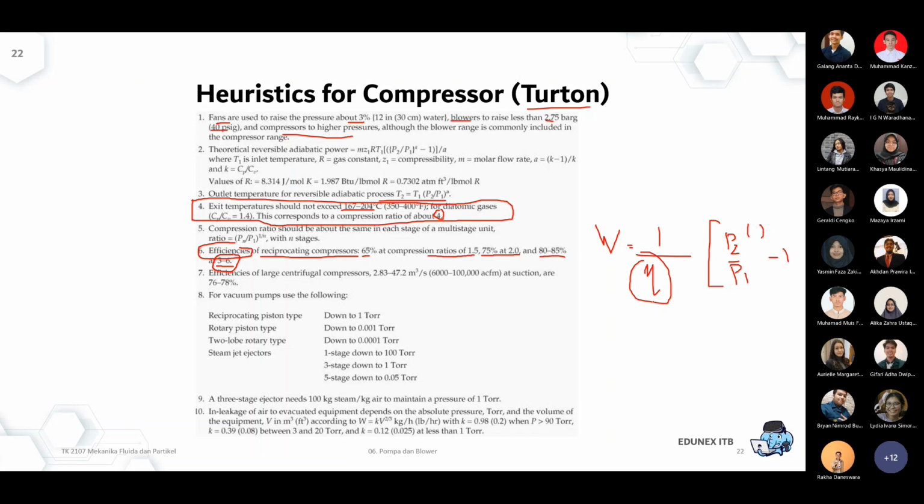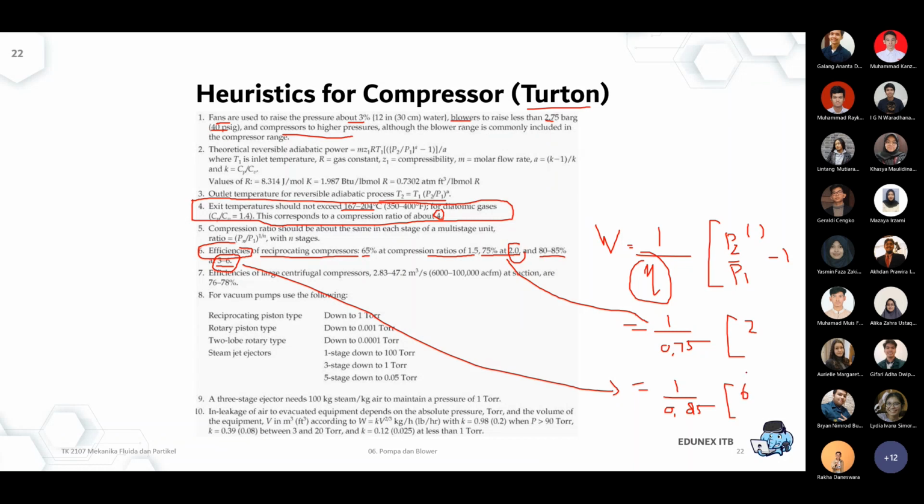So you can compare these two different points. If you have 1 per 0.75 at a pressure ratio of 2, and then you compare it with, let's say I use the highest one, 85, but then you force it to operate at a pressure ratio of 6.